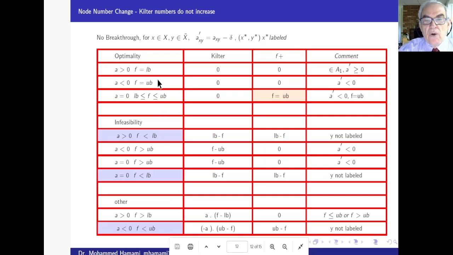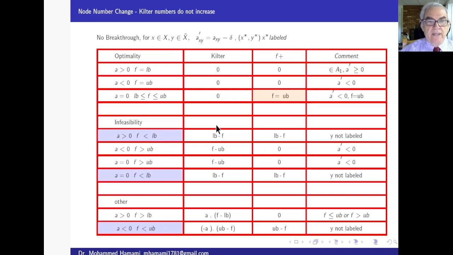And also it's not in these three states, because remember, X star, Y star is out of Kilter, and it's still out of Kilter, so it cannot be in this state. So the only states that X star, Y star can be in when X star is labeled are these three: 1, 2, and 3. And the logic is the same as I did before for this arc.